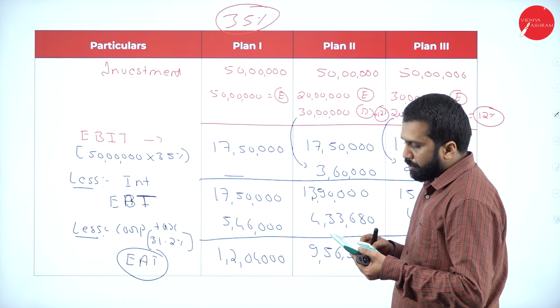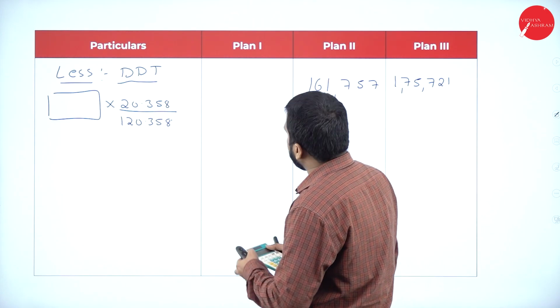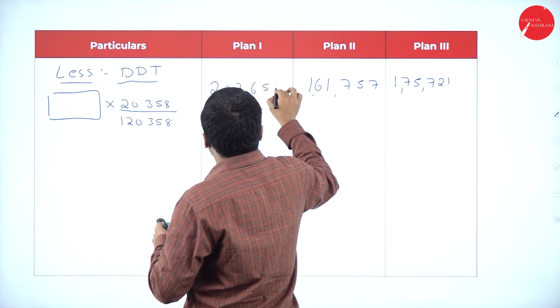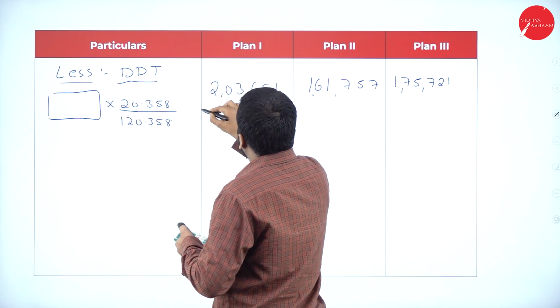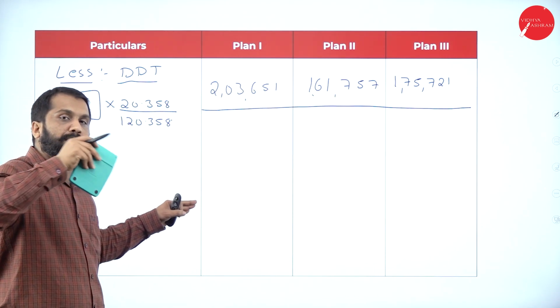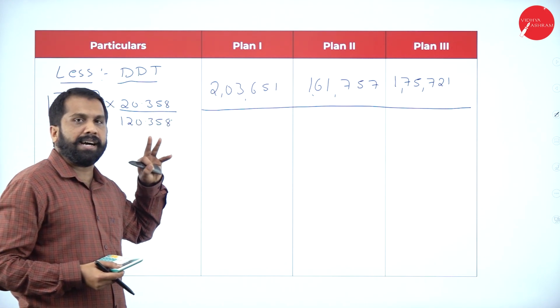So I got 2,03,651. Hope you're clear. I have not shown the working out because in the previous one I already showed. Follow the same procedure, you will get this answer.